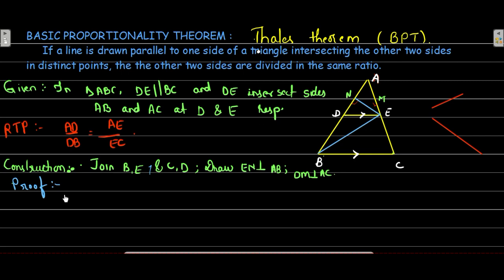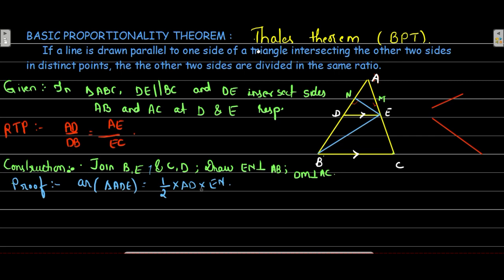We need to find the area of triangle ADE. We know that the area of any triangle is half into base into height. In triangle ADE, we can take AD as the base because EN is the perpendicular or height. So, half into AD into height EN.